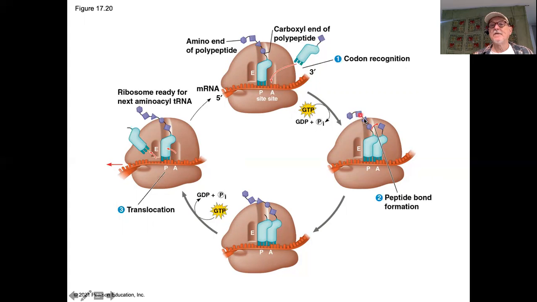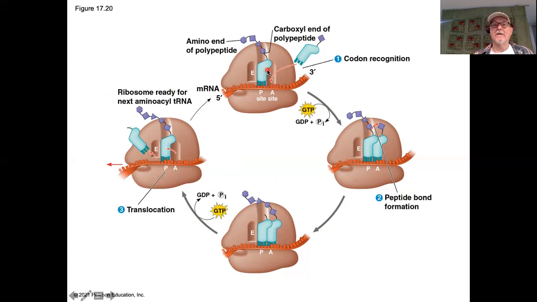Immediately that happens, this chain joins to the new amino acid, leaving this empty. It won't tolerate an uncharged tRNA in the P site. The entire ribosome moves one codon, translocates one codon to place this empty tRNA in the E site and evicts it. And then we're back to here.